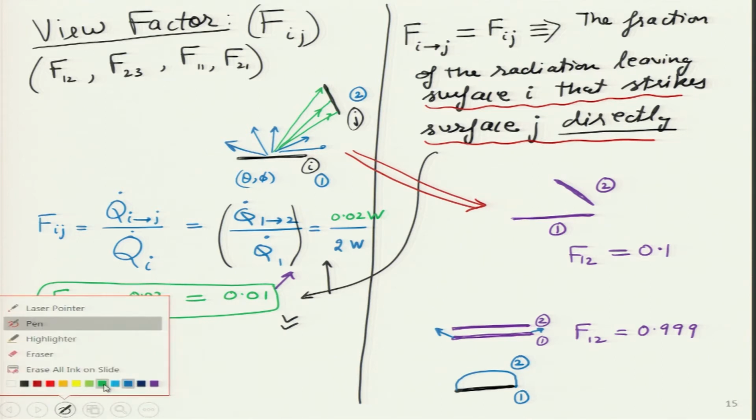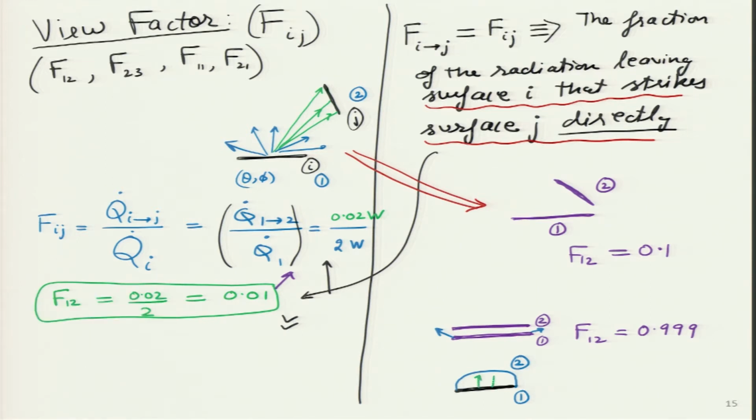Whatever is leaving surface 1, in all directions, has to go and hit surface 2. In that case, the view factor becomes equal to 1. So, the closer the two bodies come, or if one body has totally encompassed another body, then the view factor becomes equal to 1.